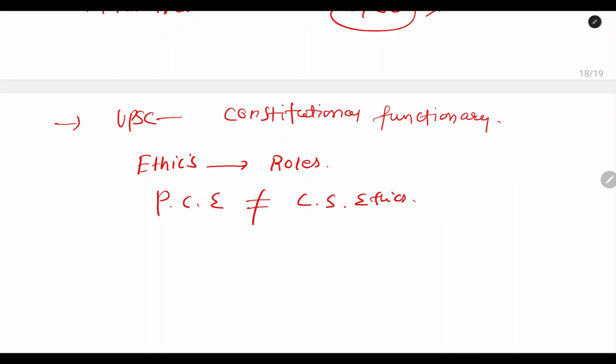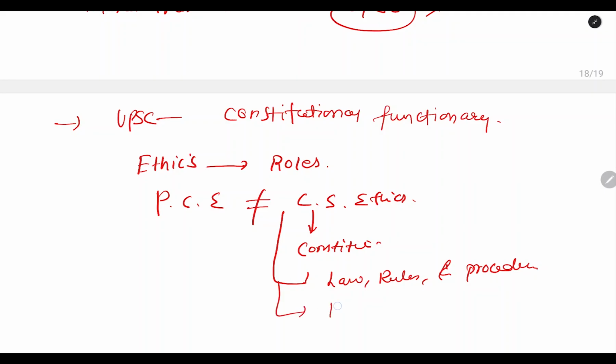A civil servant derives authority from the constitution. He or she is bound by law, rules and procedures, and must act impersonally yet humanly.